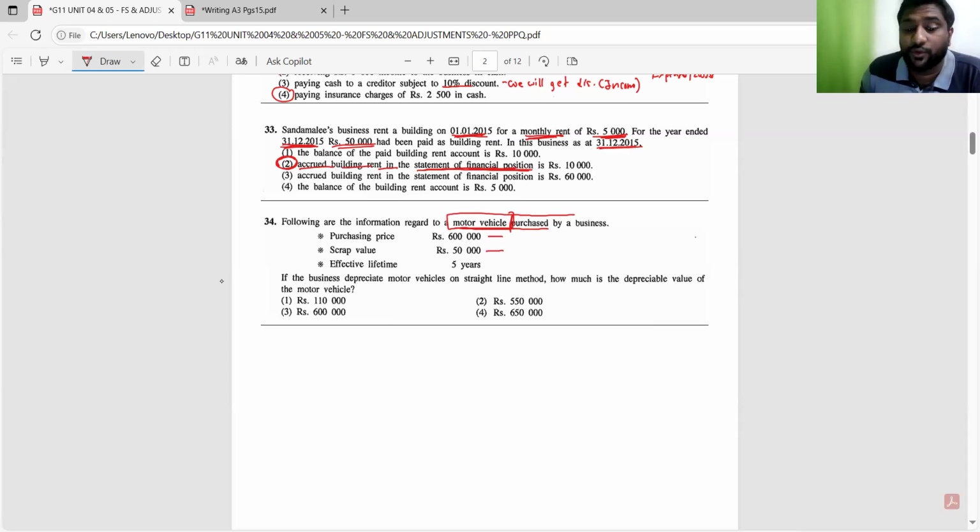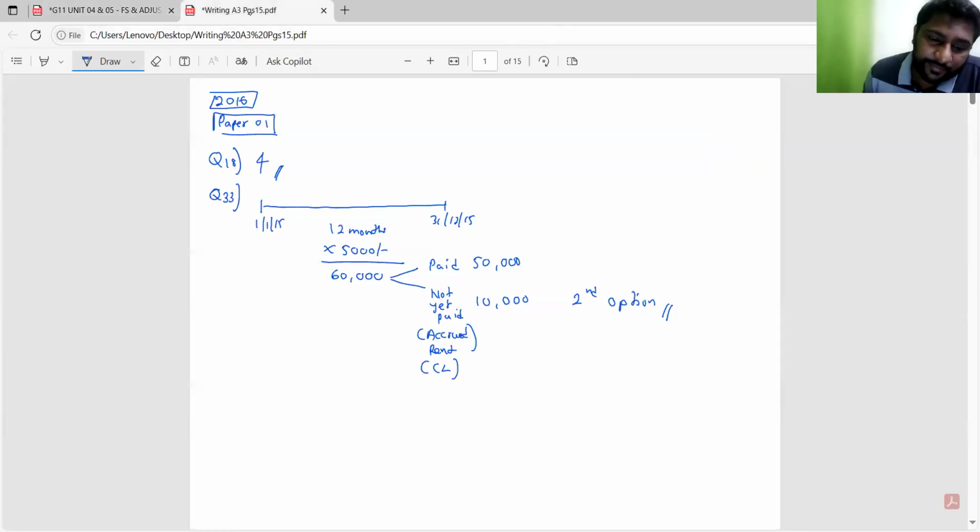Scrap or residual value 50,000. Useful life, effective life, 5 years. If the business depreciates the motor vehicle on straight line method, how much is the depreciation?